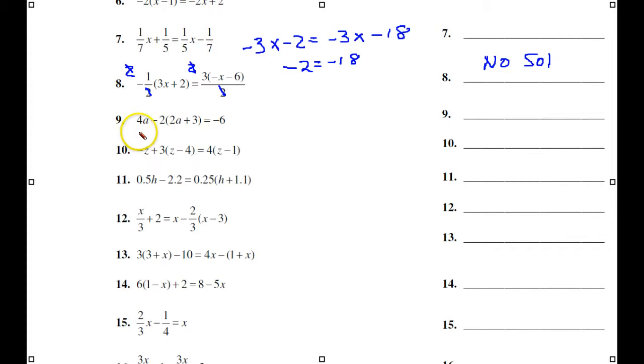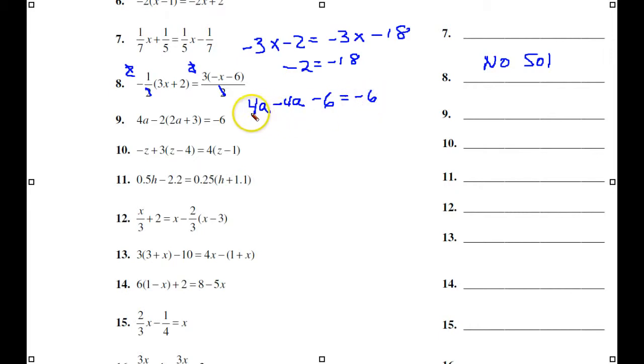For number 9, it's all real numbers. Well, let's do one like that. So that's going to be 4a minus 4a minus 6 equals negative 6.